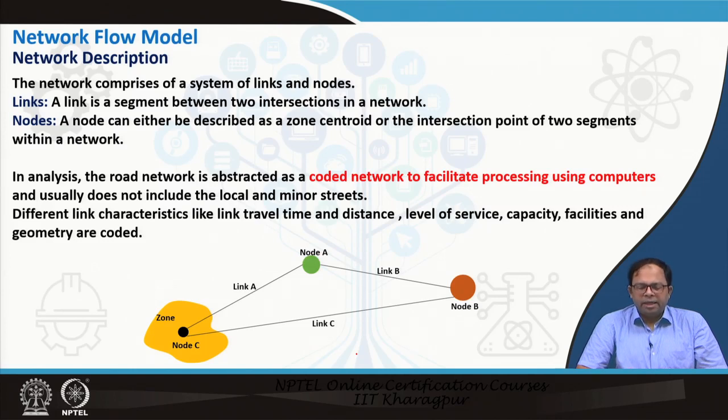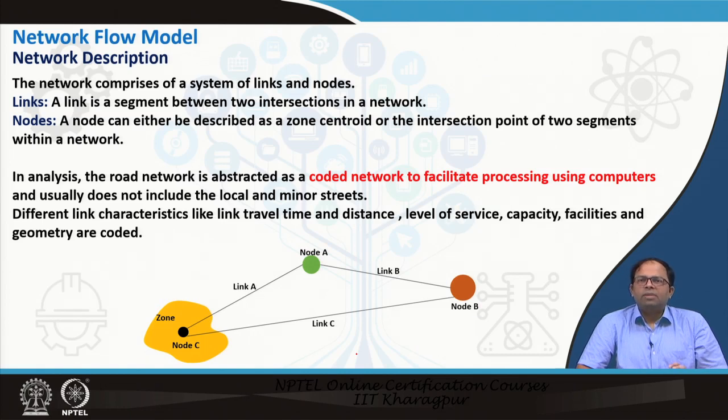It could be intersections between two segments definitely, but a zone centroid refers to the case where we have a TAZ, and we are assigning the trips originating from the TAZ onto a particular link. For that we need to take a point from where the trip originates, and then we have to link it to the network.